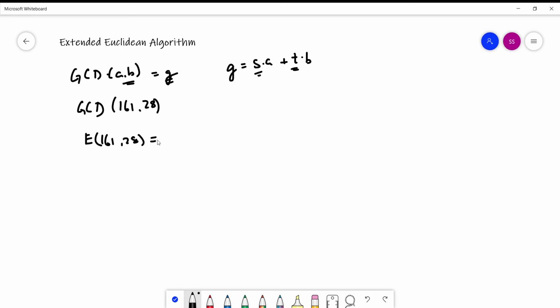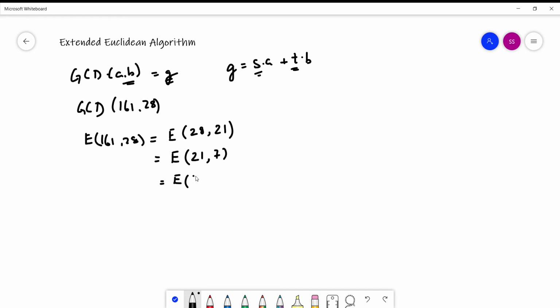So what we did was we found Euclid of 161 and 28. We write the divisor here and the remainder here. The remainder was 21. Again, we write the smaller number, the divisor, this side and the remainder here. The remainder was 7. So again, we find the Euclidean of 21 and 7.